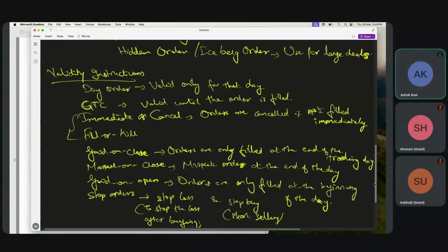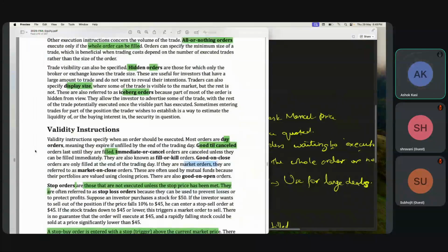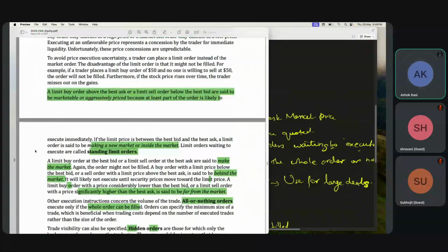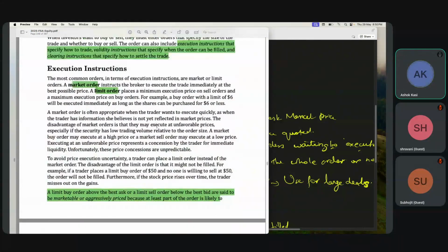So these are all very important ones. Also some other keywords like take the market, make the market.